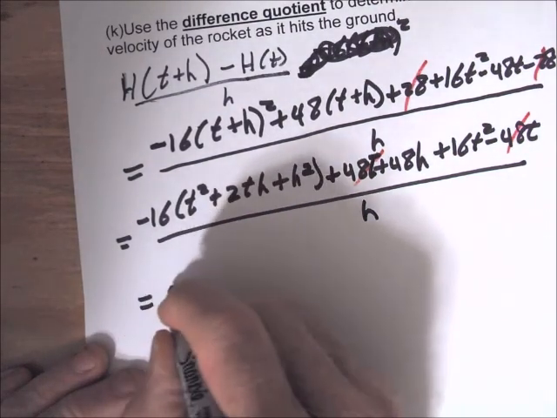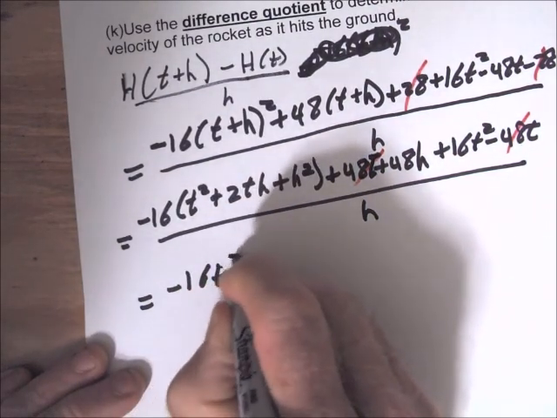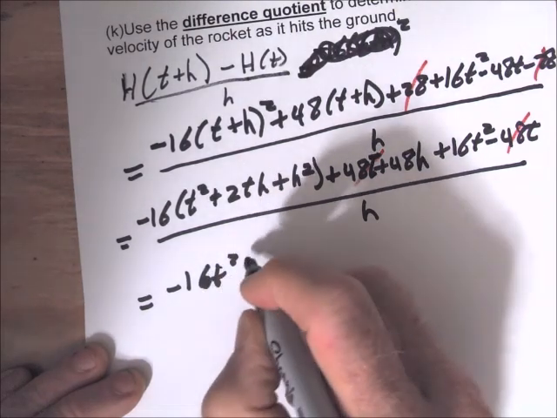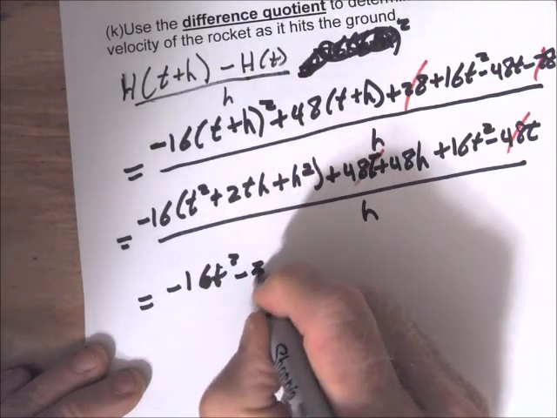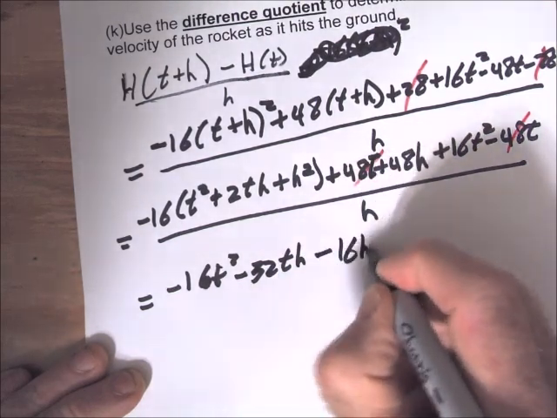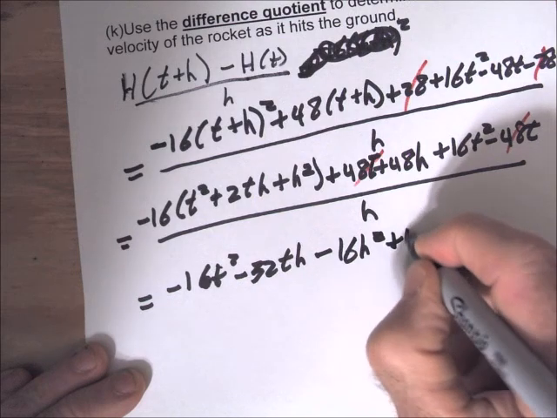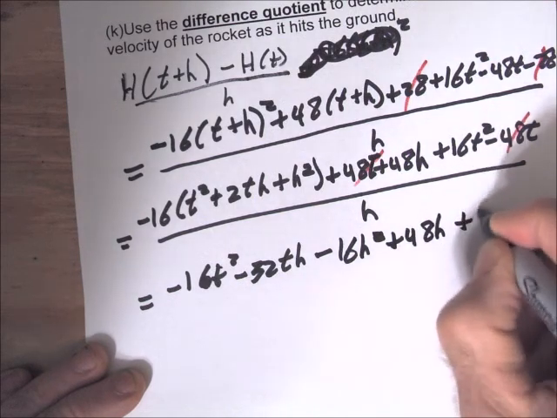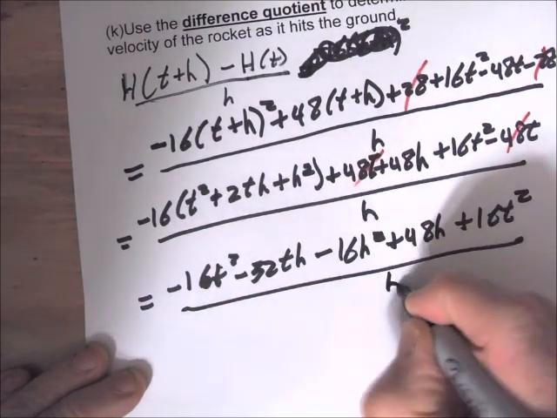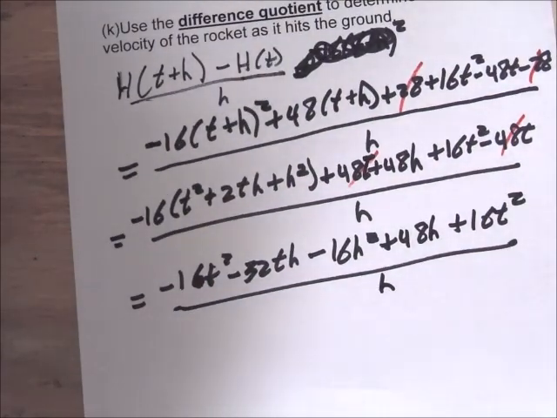So this will be minus 16t squared, minus 32th, minus 16h squared, plus 48h plus 16t squared over h. Okay, so the 16t squared will cancel.